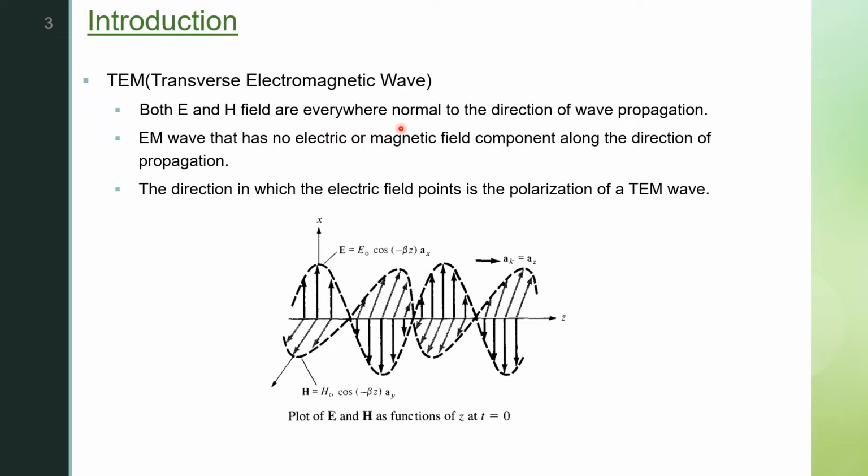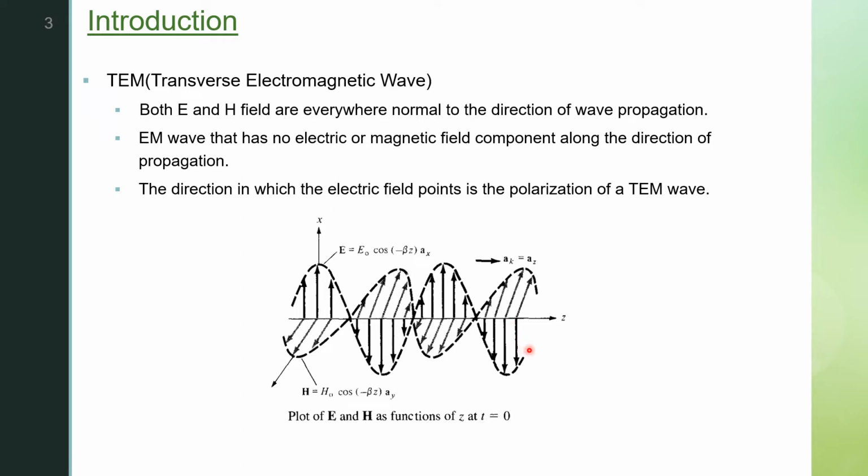That means it has no electric or magnetic field components along the direction of wave propagation. The direction in which the electric field points is called the polarization of a transverse electromagnetic wave. Or we can also define wave polarization as the electric field vector orientation as a function of time at a fixed point in space.